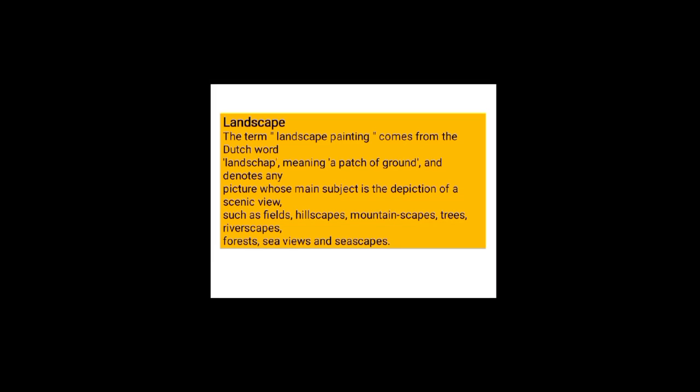Landscape. The term landscape painting comes from the Dutch word landschap, meaning a patch of ground, and denotes any picture whose main subject is the depiction of a scenic view, such as fields, hillscapes, mountainscapes, trees, riverscapes, forests, sea views, and seascapes.